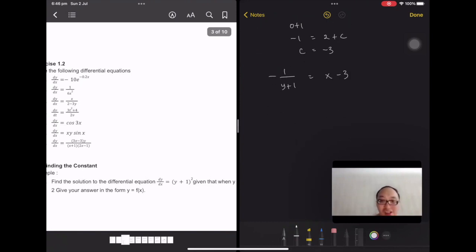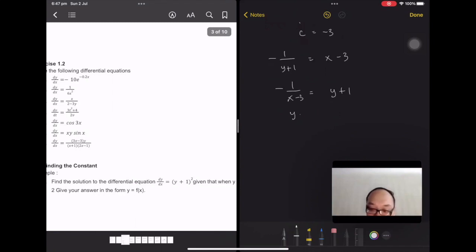Don't stop here, because the question asks you to express your answer in the form y equals f(x). So we have to change the form. Negative 1 over (x minus 3) equals y plus 1, so y equals negative 1 over (x minus 3) minus 1. So this is the final answer.